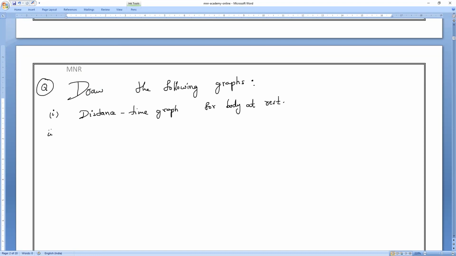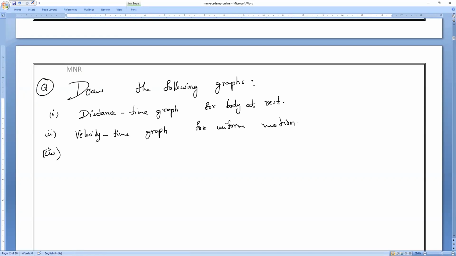Clear, everybody? Next, velocity time graph for uniform motion. Velocity time graph for what motion, everybody? Uniform motion. Clear? Sanjay, respond.